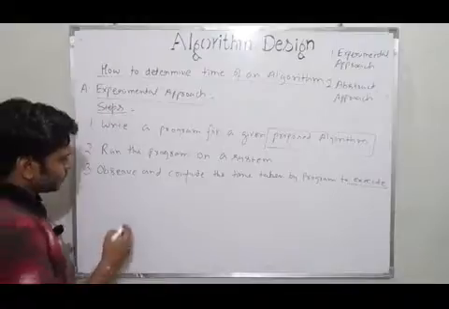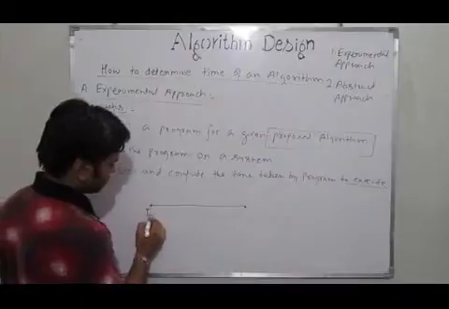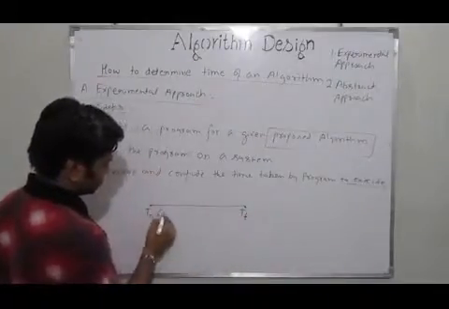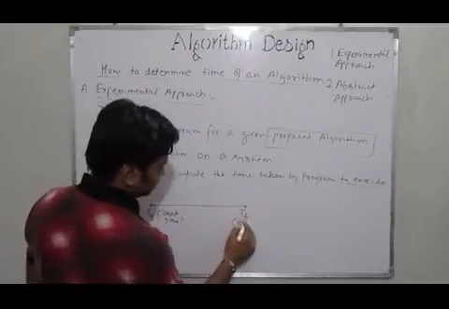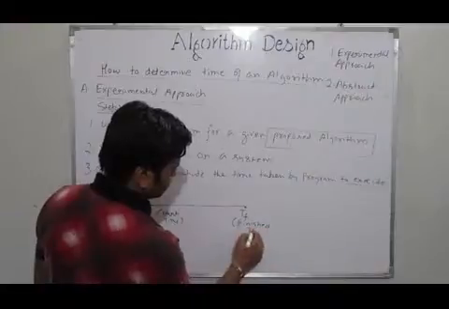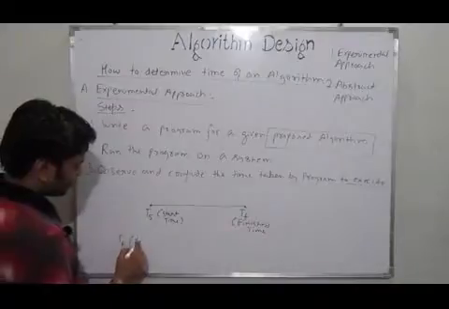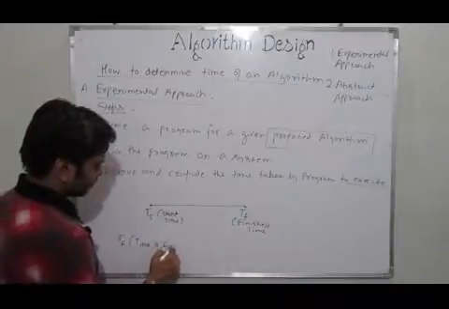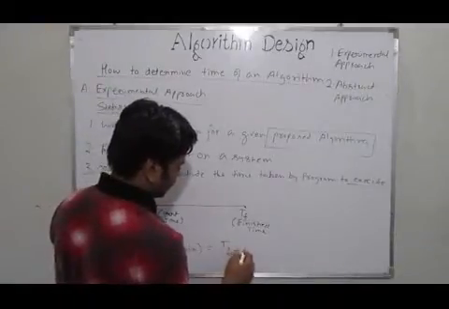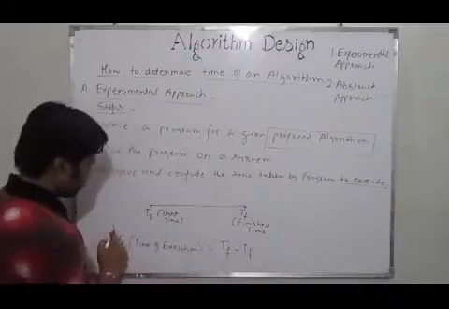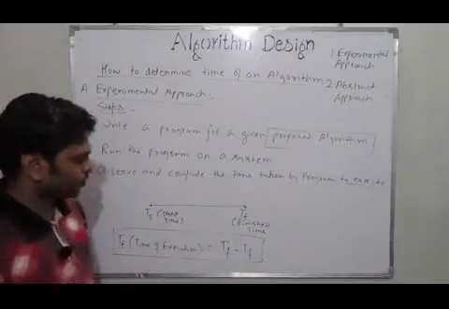So this approach we can find the time of execution of the program by simply computing the difference of start time and the finish time of the program.